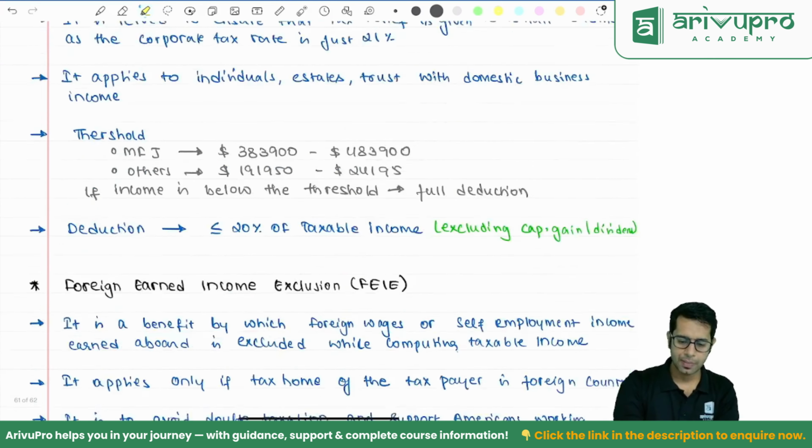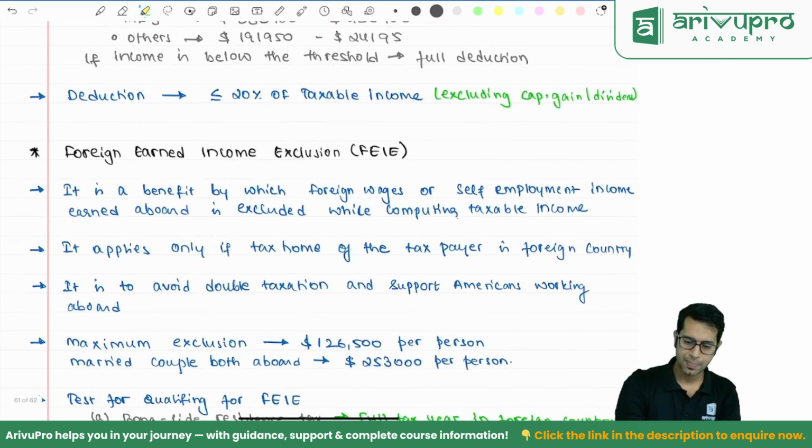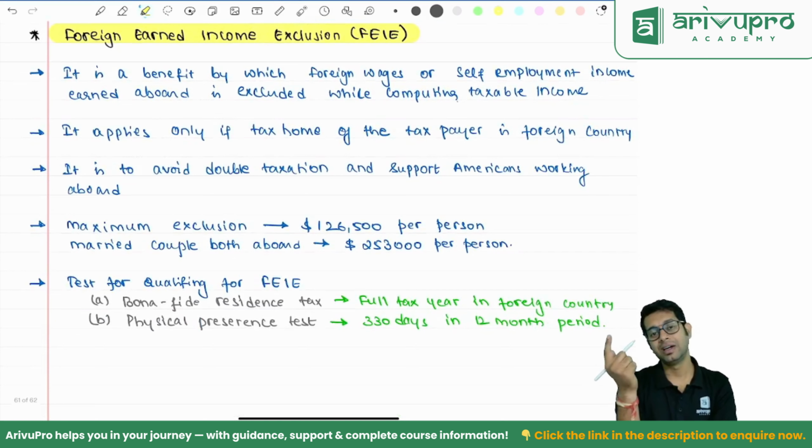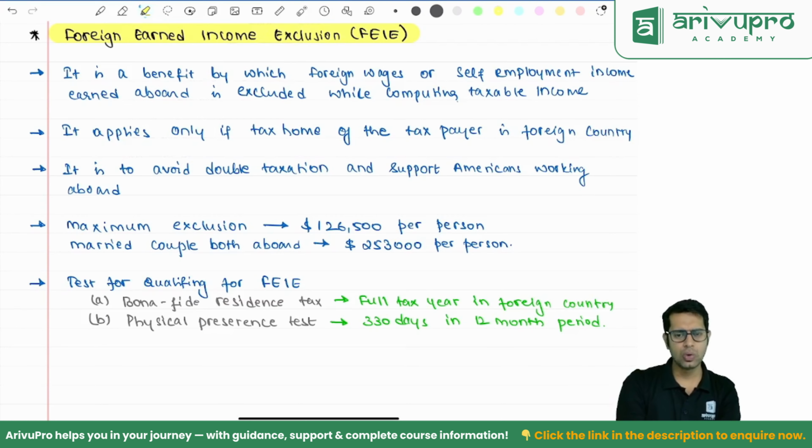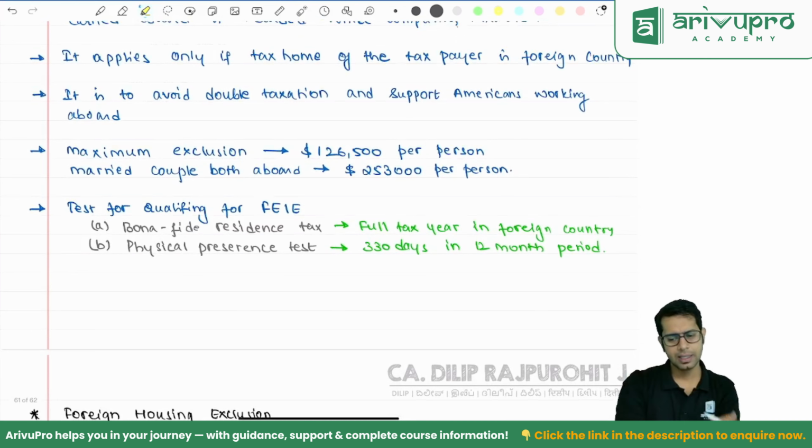For them this particular benefit is given. And foreign earned income exclusion, this is a benefit wherein if you have any earned income outside US, whether it is wage income or your self-employment income, you are earning abroad, so that income will be excluded when you are computing the income in the US. Why, sir? To avoid double taxation.